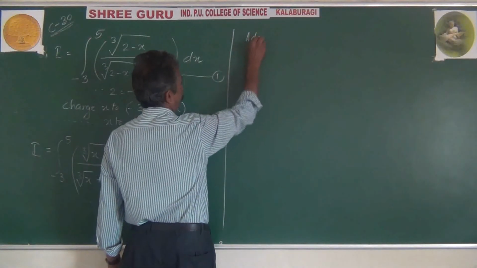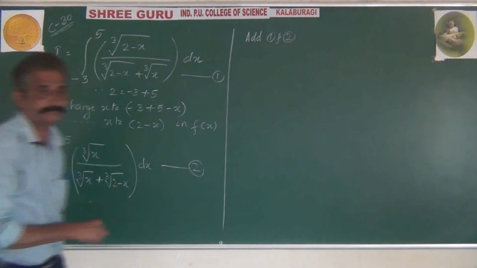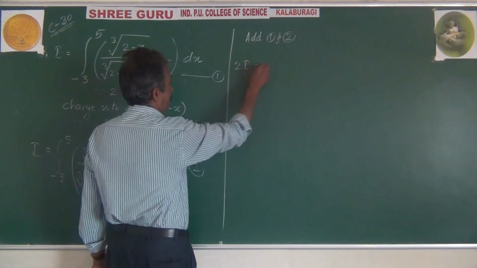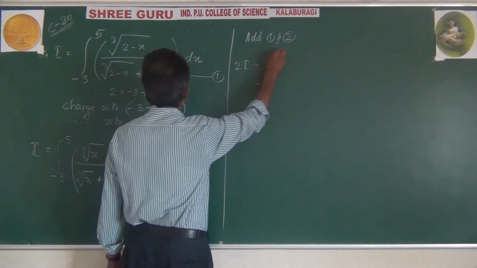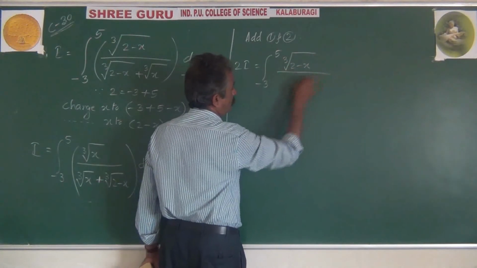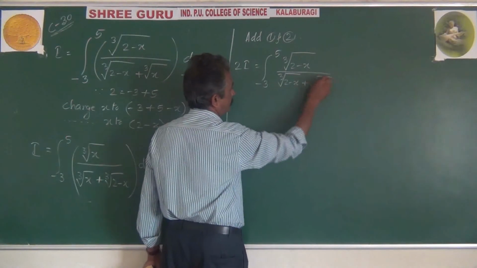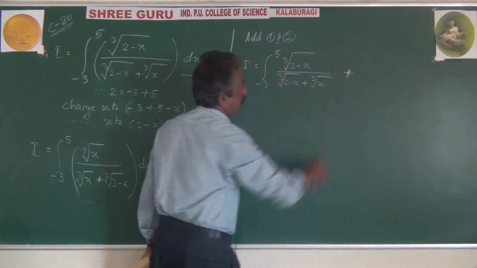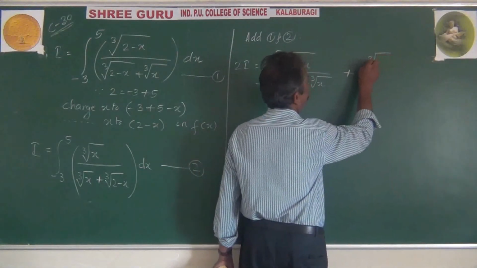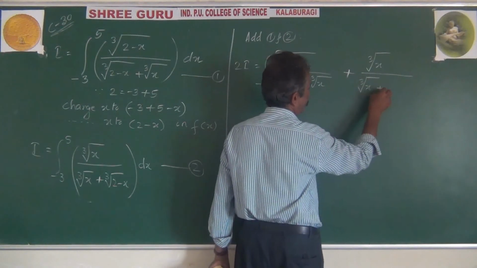Add 1 and 2. 2I equals integration minus 3 to 5 cube root of 2 minus x by cube root of 2 minus x plus cube root of x, plus next cube root of x divided by cube root of x plus cube root of 2 minus x.